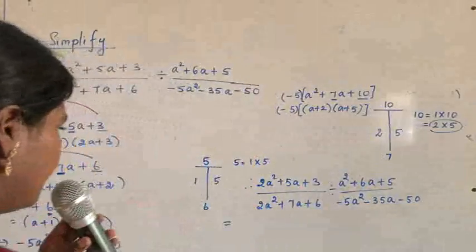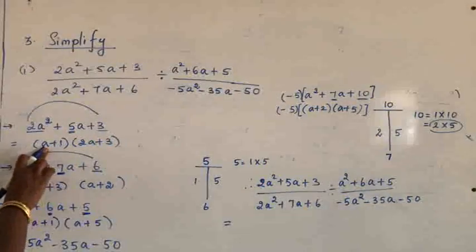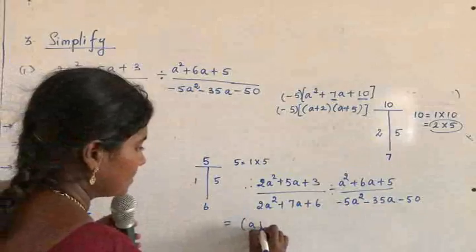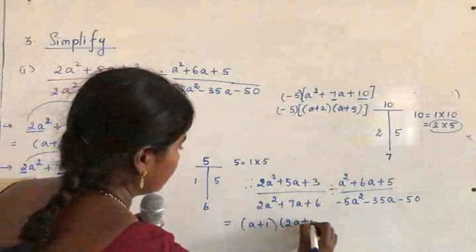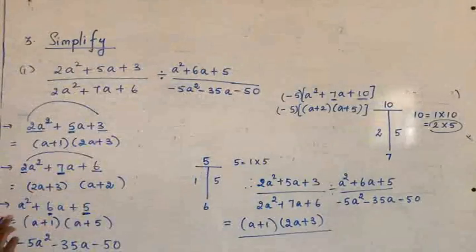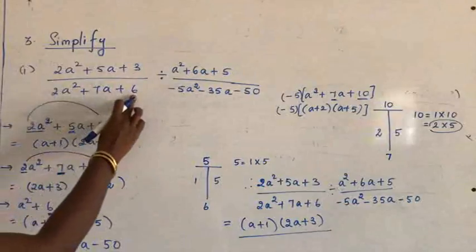Okay, let's see what to do. So what is the answer? What are the factors we got for the first part? A plus 1 into 2a plus 3. So a plus 1, 2a plus 3 upon. The second part, it is 2a square plus 7a plus 6.